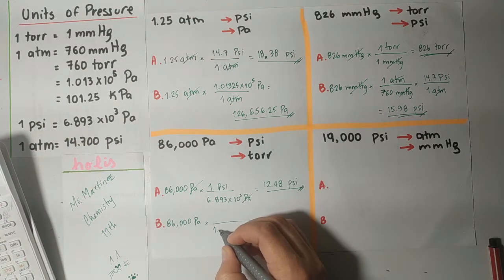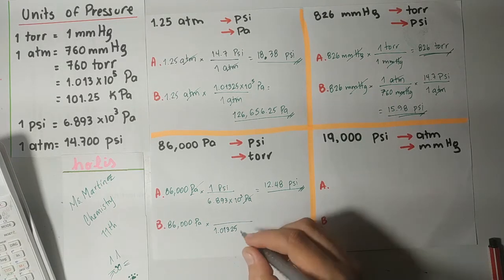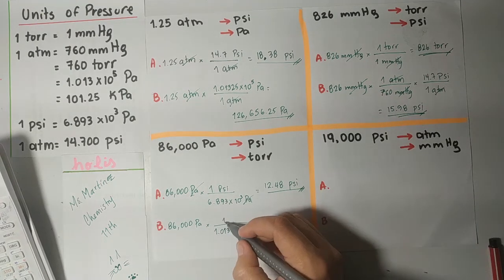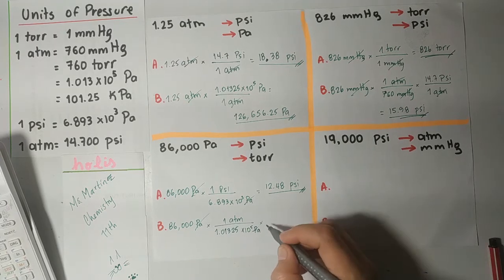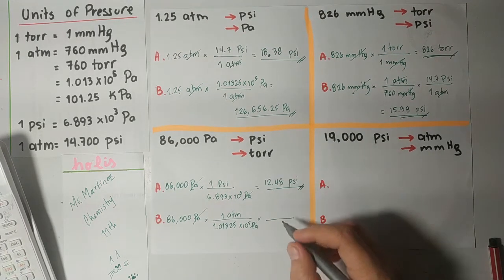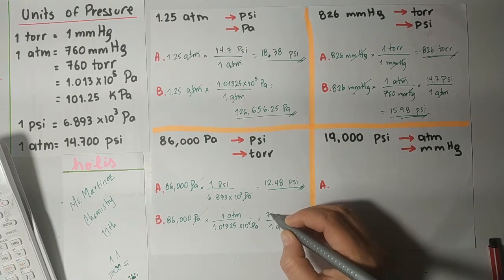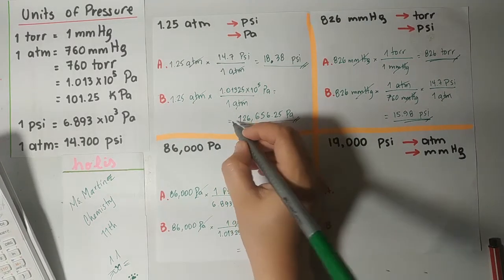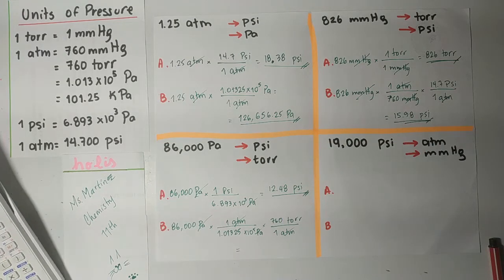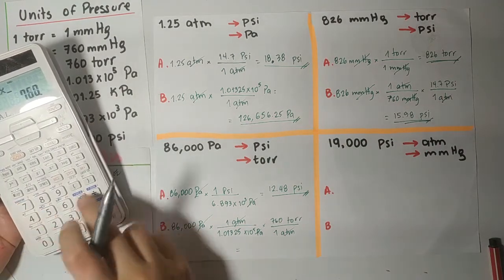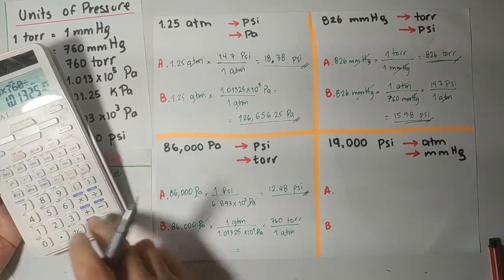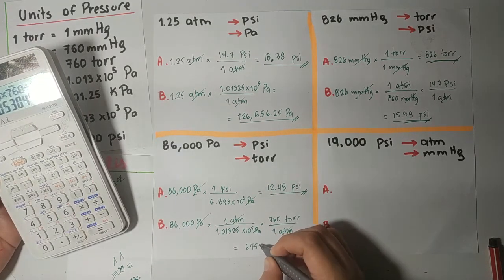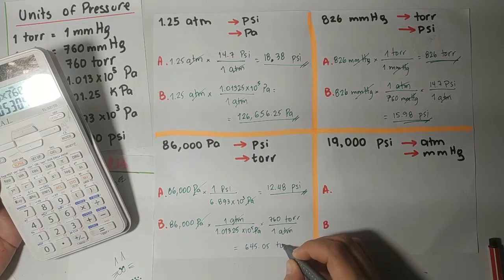So we say that there are 1.01325 times 10 to the 5th power pascals in 1 ATM, times in 1 ATM there are 760 torr. 86,000 times 760 divided by 1.01325 exponential 5, 645.05 torr.